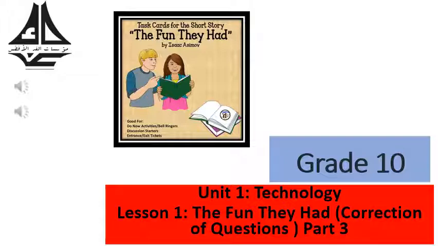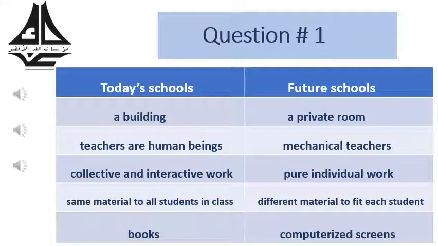So let's start with the first question. Question number 1 says, spot out the differences between today's schools and future schools. First of all, what's the meaning of spot out? Spot out means locate, try to find throughout the selection, identify the differences between today's schools and future schools.